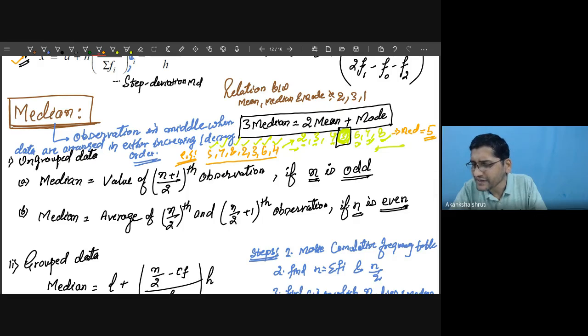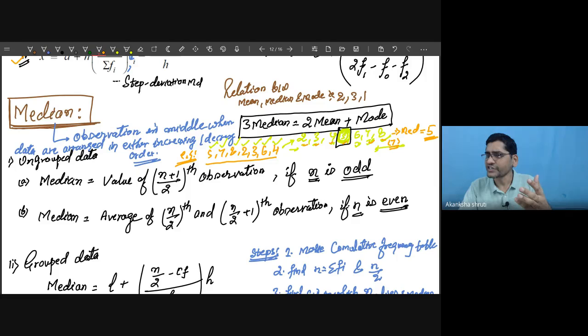It's so simple. Now, here the number of observations is 1, 2, 3, 4, 5, 6, 7. So in 7 observations, we are getting only one data in the center, and the data value is 5. 5 is the median.